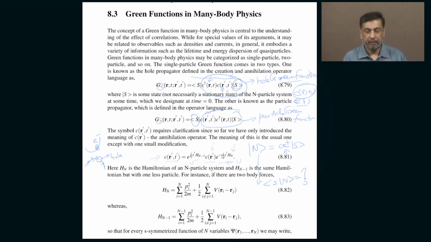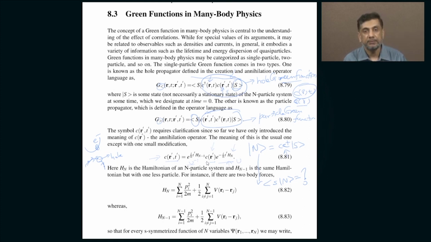But keep in mind that the moment you annihilate a particle, you are reducing the number of particles from N to N minus 1. So, now when you operate that state by an inverse of this evolution operator, that inverse now begins to look quite funny, because you are supposed to use the Hamiltonian again to perform the inverse of the evolution operator. But which Hamiltonian?